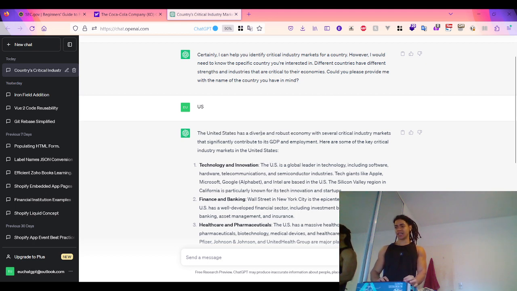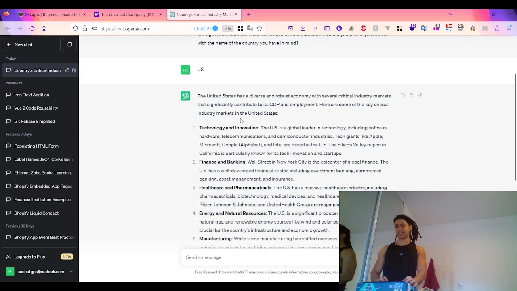The United States has a diverse and robust economy with several critical industry markets that significantly contribute to its GDP, gross domestic product, a way to measure the wealth of a nation by how much a country spends, which is a weird thought.